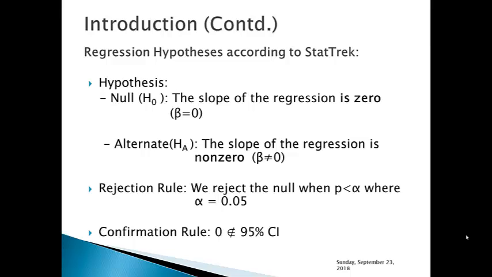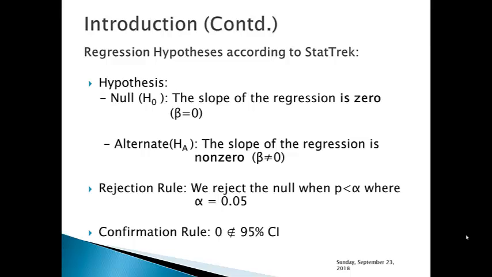Regression hypotheses according to Star Trek include the following. The null hypothesis states that the slope of the regression is 0, that's beta is equal to 0. The alternate hypothesis states that the slope of the regression is non-zero, or beta is not equal to 0.